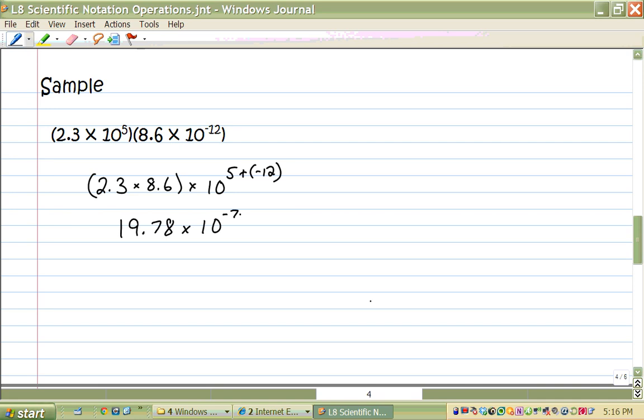Now, the problem is we are not in scientific notation. This has to move 1 to the left. So this will become 1.978 times 10, and what happens to the exponent? It increases. Oh, but you're like, that does not look like an increase. It is. 1.978 times 10 to the negative 6. Moving on.